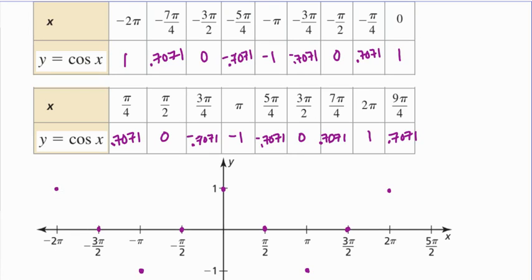Okay, and then again, I can plug in these other points and see that just like in my sine function, I've got some really nice rounded cyclical smooth curves going on. So I start up here, I come down, I go through the x-axis all the way down to negative 1 and turn nice and smoothly.